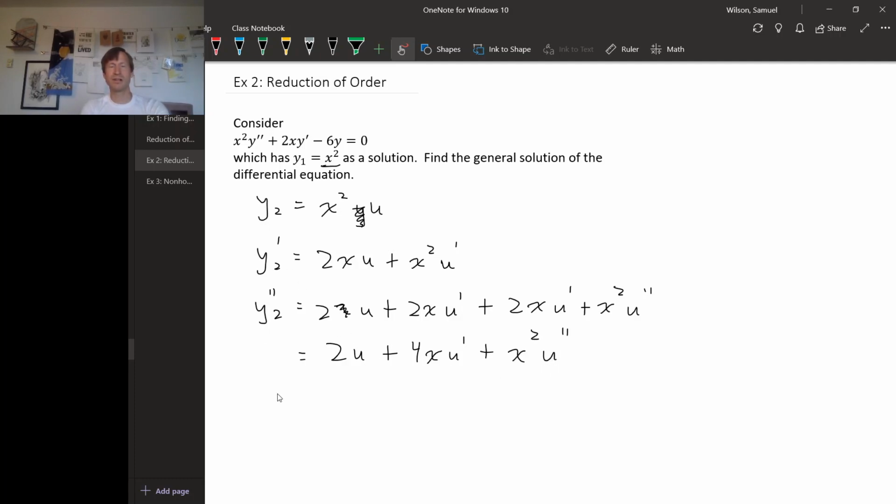Now we can plug this all into the differential equation. The original equation is x squared y double prime plus 2xy prime minus 6y equals 0.